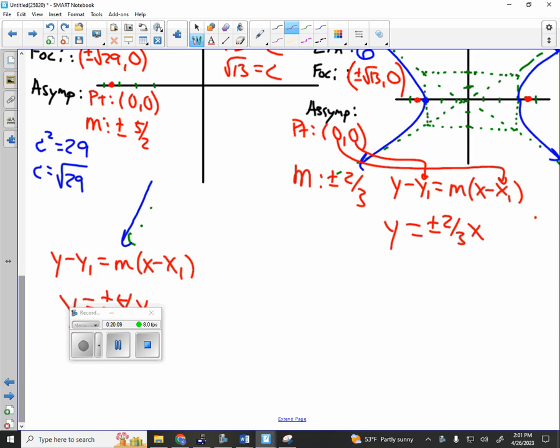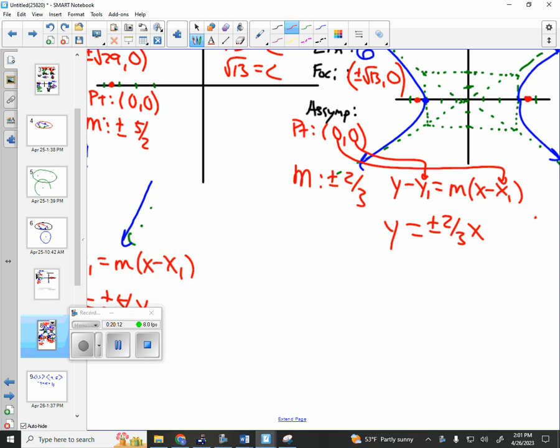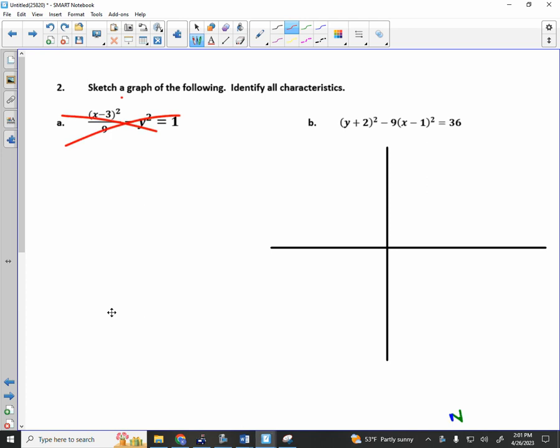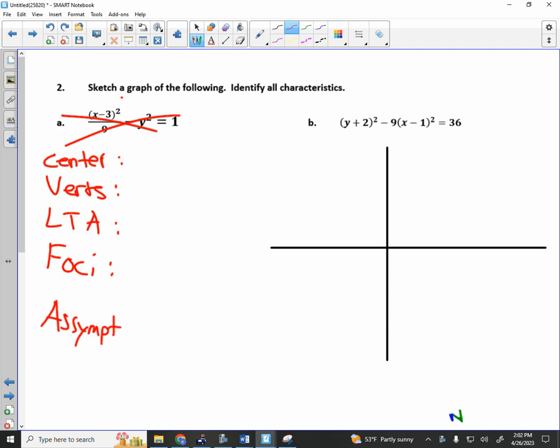Not too bad? Okay, last one. Flip it over. Good job. Okay, this is where it should all come together.